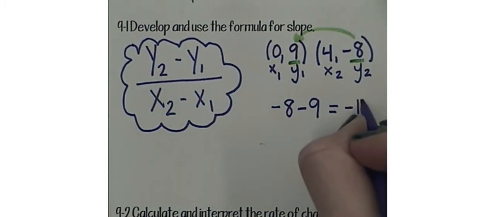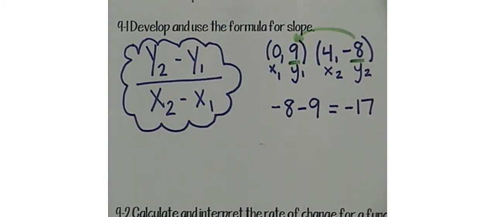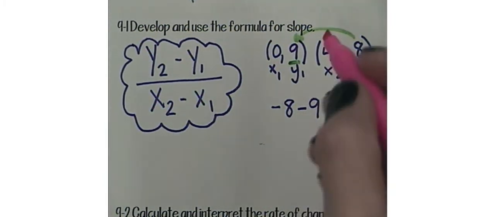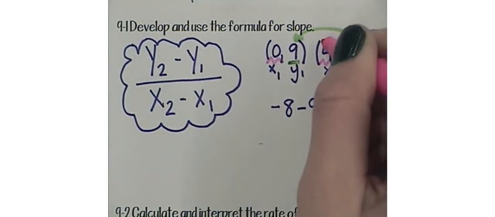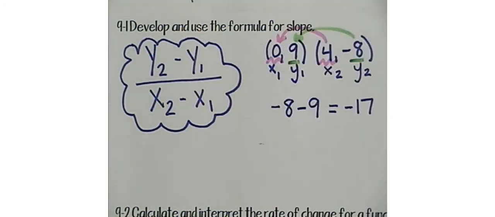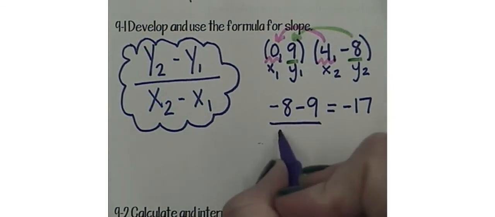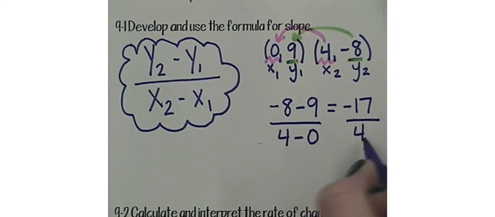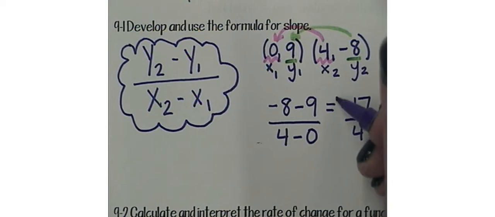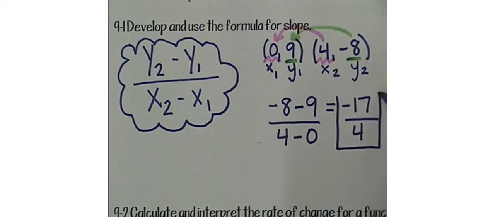So it's going to be negative 17 over your x2 minus your x1. So in this case, it's 4 minus 0, which is just 4. And negative 17 over 4 doesn't reduce or simplify, so we just leave it.